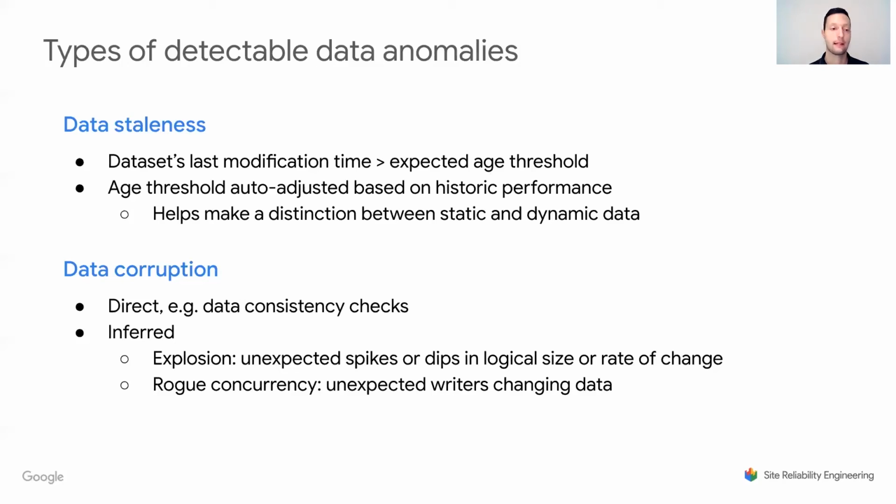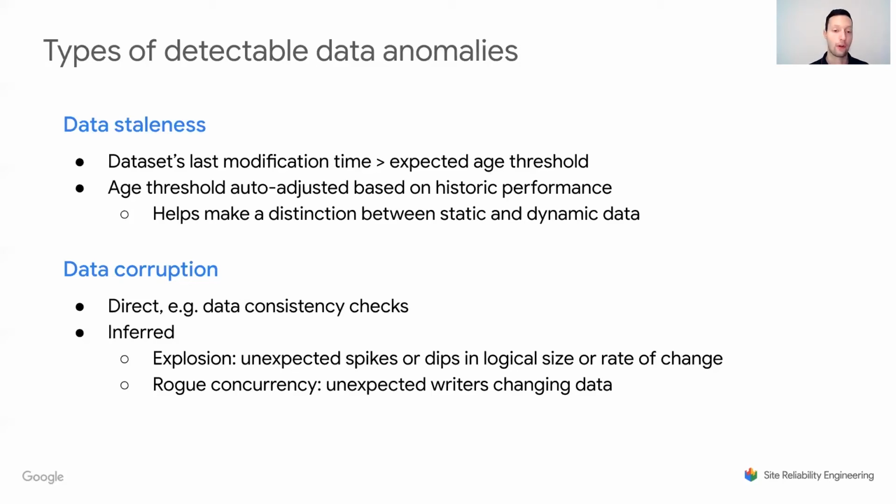With data corruption, things like logical size and writer metadata can be used. For direct detection, we can look at data consistency checks, like the number of items, their naming, and whether their size is fixed as expected.